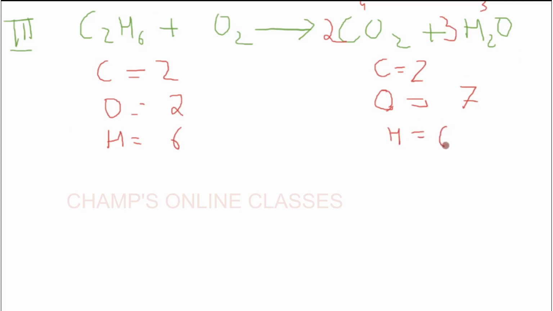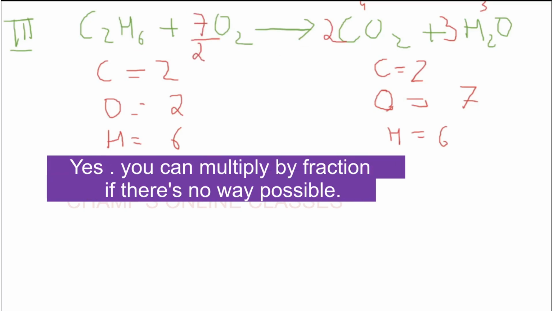Now is there any way to make 2 oxygen on this side as 7 by multiplying with any number here? No, it's not possible. So what we can do is multiply by 7 by 2. Yeah, we can do it. Now we won't keep it like that. It doesn't look good.